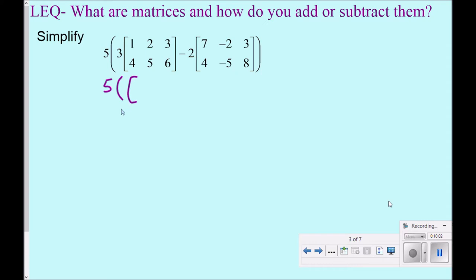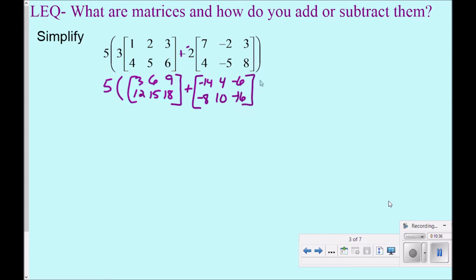So when I do that, I'm getting 3, 6, 9, 12, 15, and 18. Here, I'm going to change this to plus and negative and distribute the negative. I just think it's a little bit easier than subtracting. So I'm going to add then my next matrix, which is -2 times 7, -14, -2 times -2, +4, -2 times 3 is -6, -2 times 4, -8, -2 times -5, +10, and -2 times 8, -16.